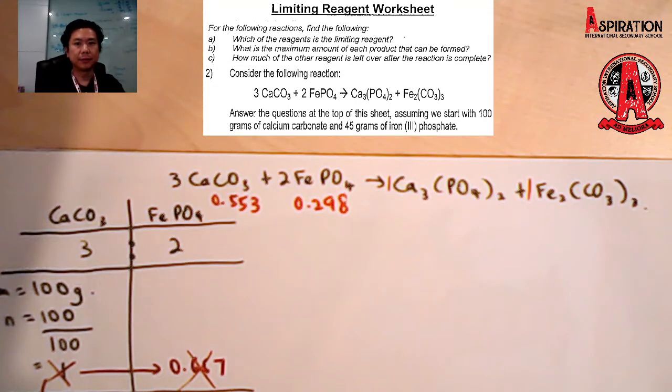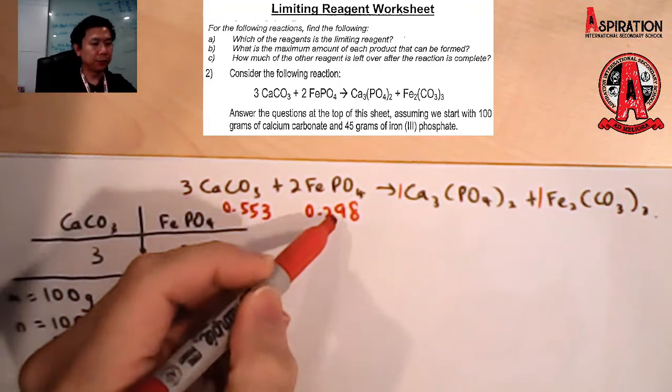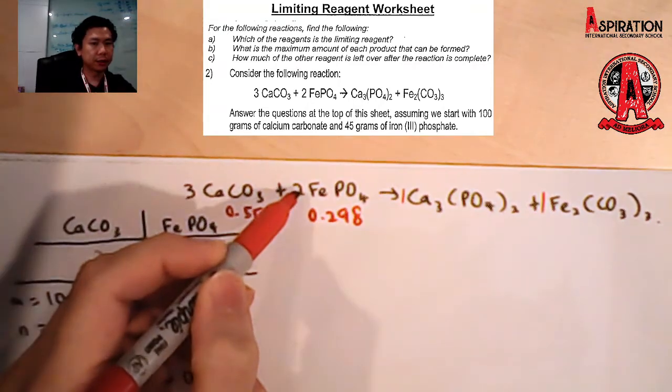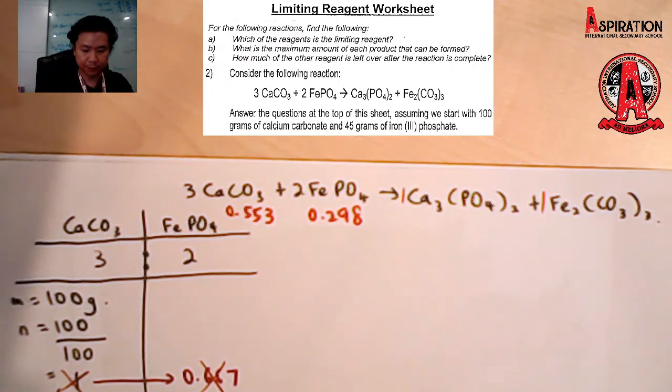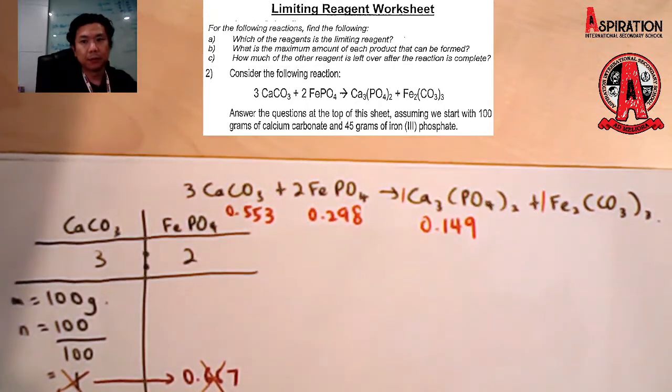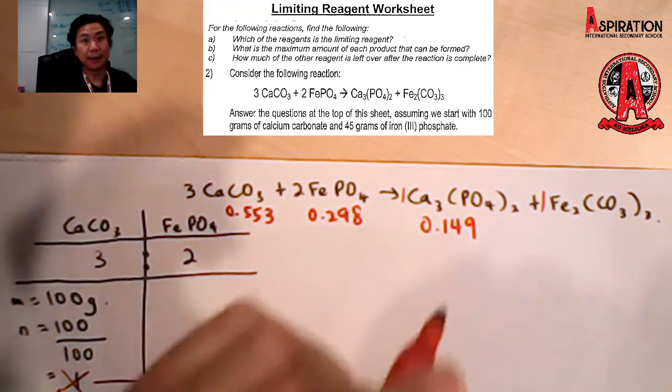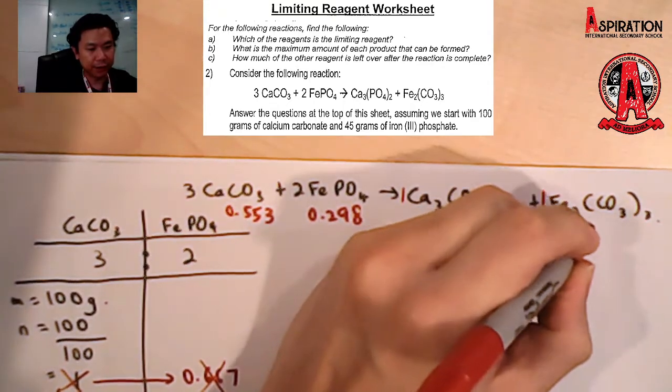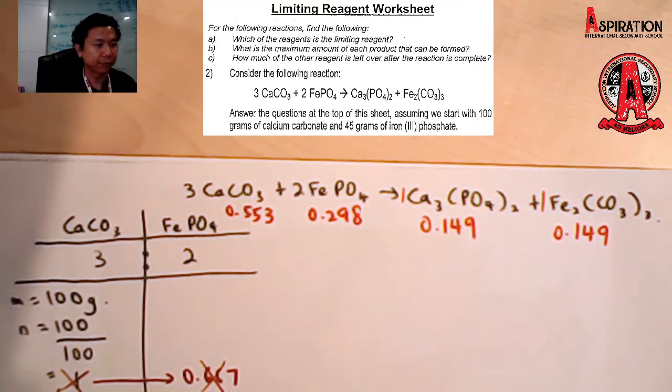Well, you can very easily take 0.298 divided by 2 because this is 2:1, right? So 0.149. And how many moles of iron tricarbonate is being produced? Put your answer down. It's the same thing, right? Very good. Thank you for those who are trying.